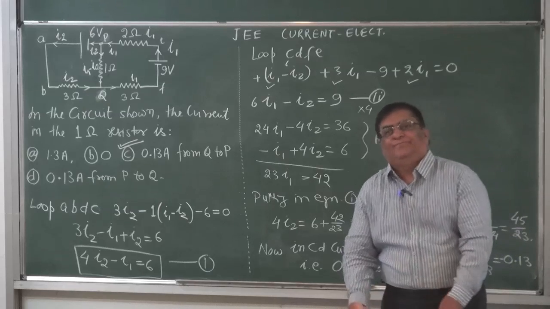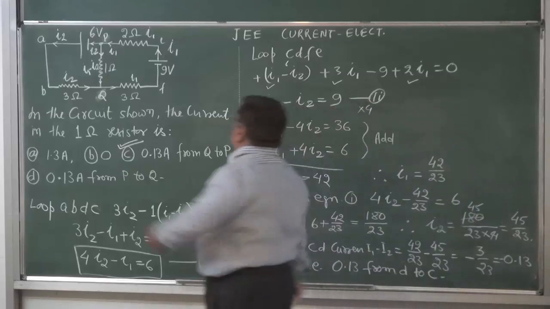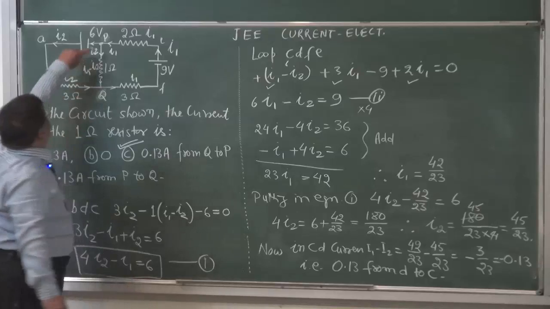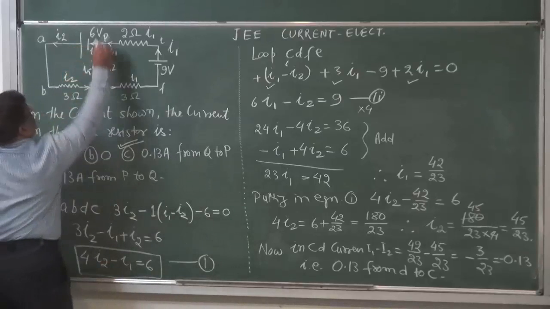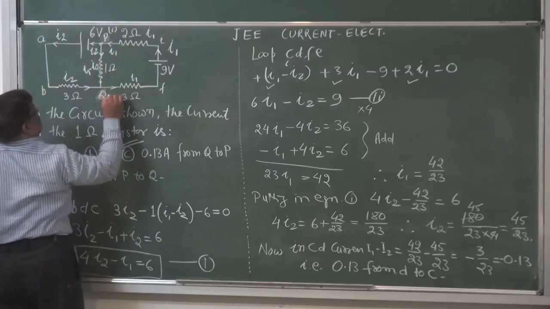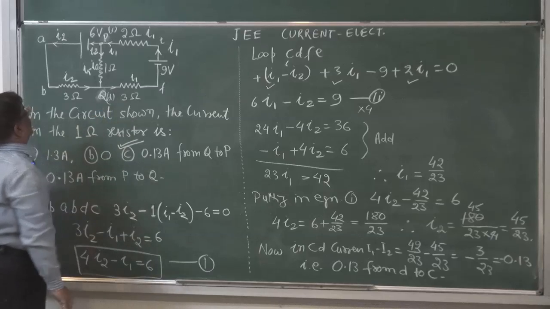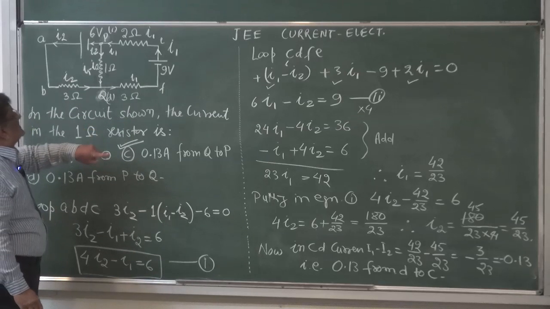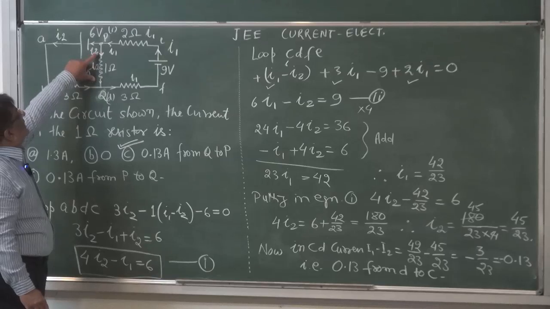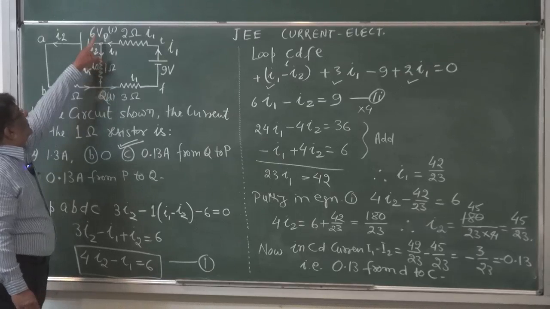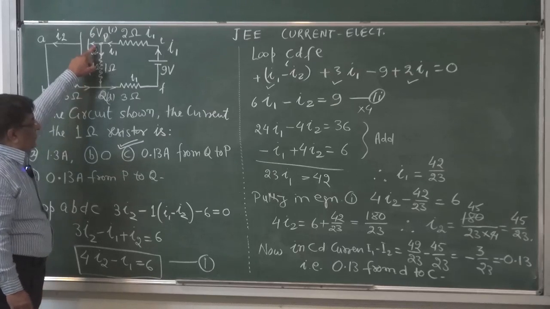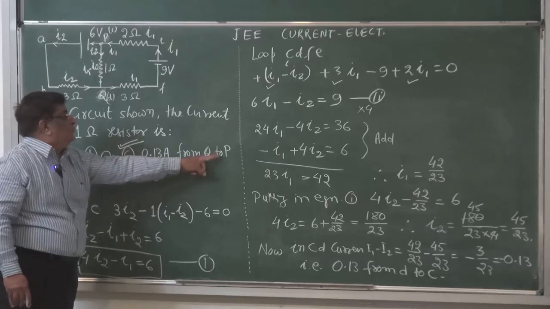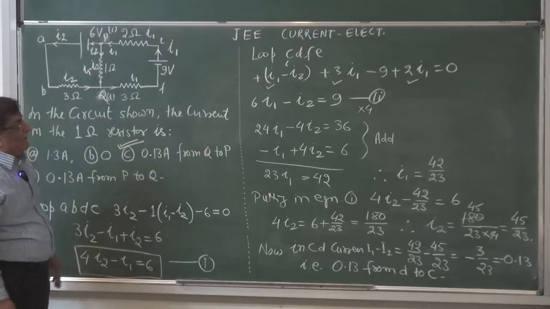Yes, PQ. This is P, this is Q. So if I take it PQ, this I have taken as C, D. So my answer is with minus. Minus means the actual direction of current is opposite to this, Q to P. So the answer is Q to P, 0.13 ampere.